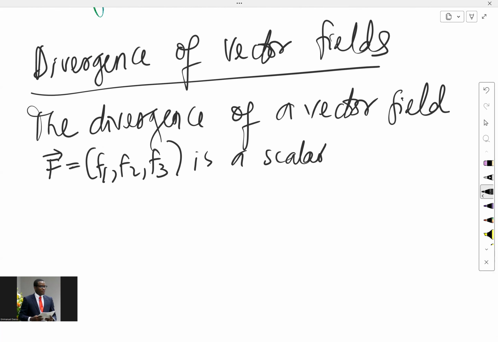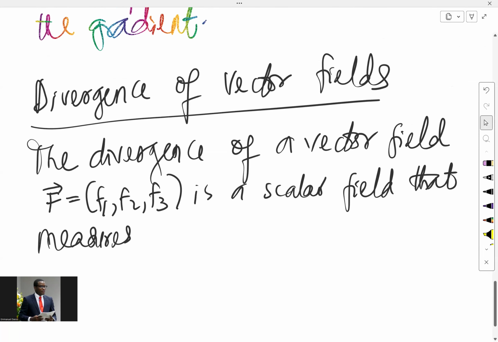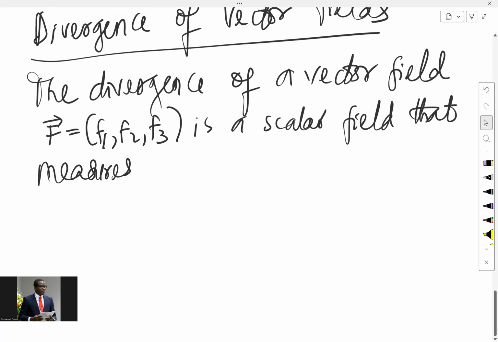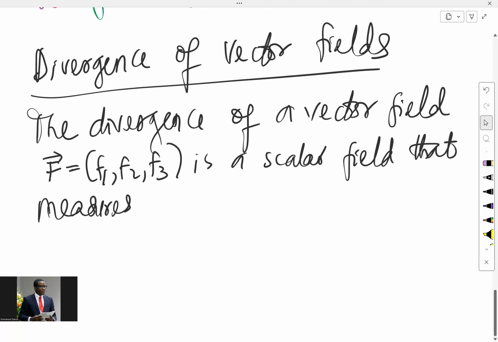So whenever you do gradient, you expect a vector. Whenever you do divergence, you expect a scalar.